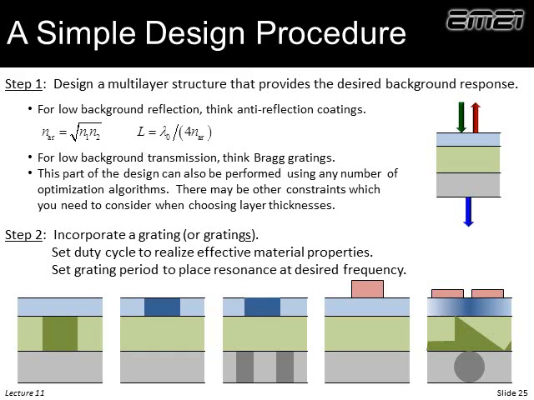So we add a grating and we pick a duty cycle so that those effective material properties match what we designed initially. At that point, the last thing we do, we maintain that duty cycle, but we adjust the period of the grating until it places a resonance exactly where we want it. That's it. That's a real simple way to design guided mode resonance filters.